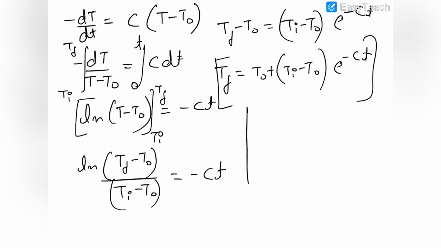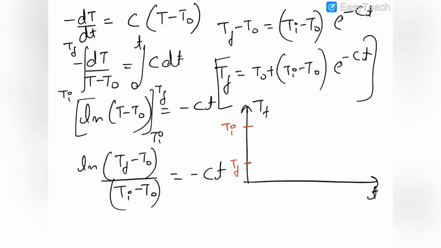And if we plot the graph between the final temperature and the time, then you can see that this graph is an exponential decay graph. At t equal to 0, if we substitute t equal to 0 here, the temperature is the initial temperature Ti.